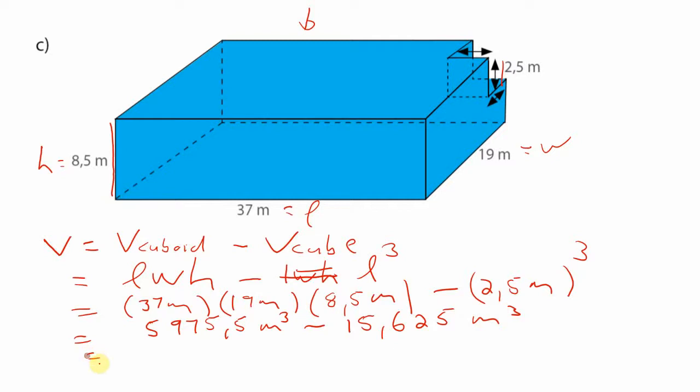Now it's a matter of subtracting. Which results in a final answer of 5,959,875 cube meter, and it is to 3 decimal places.